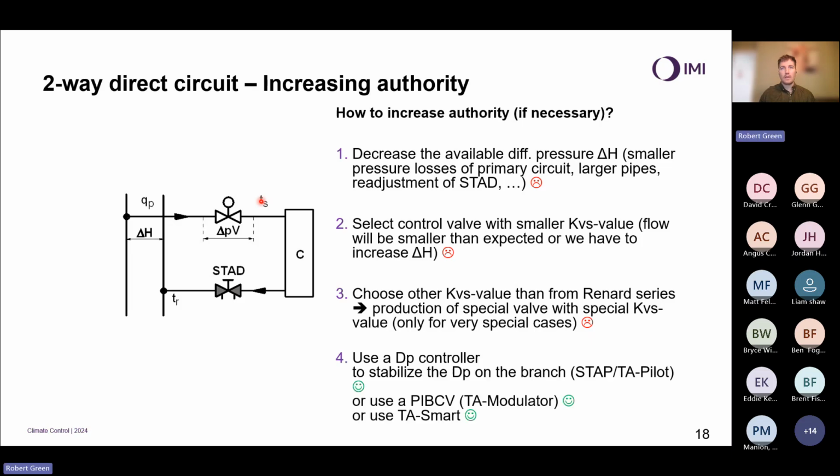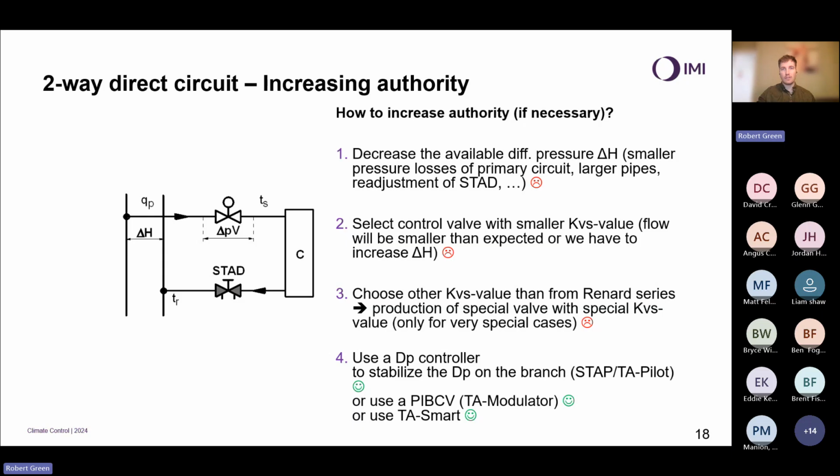Or we could use a differential pressure controller, stabilize the differential pressure on the branch. That's going to reduce the variation in head here. Or use pressure independent control valves, or use something like our TA Smart, a valve that is going to react to changes in flow and maintain a stable flow. So that is a little bit around what we need to do.